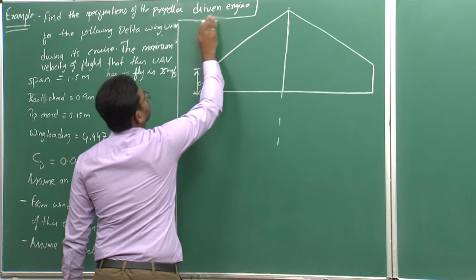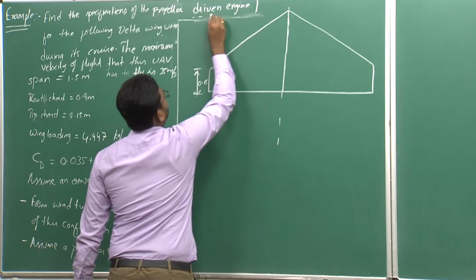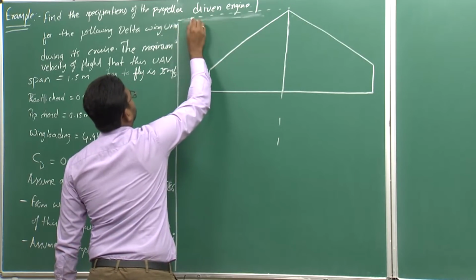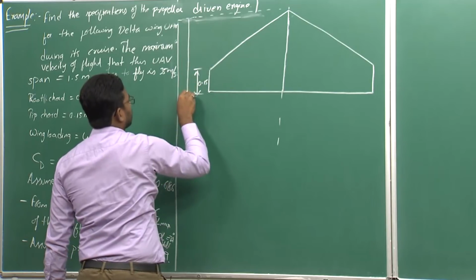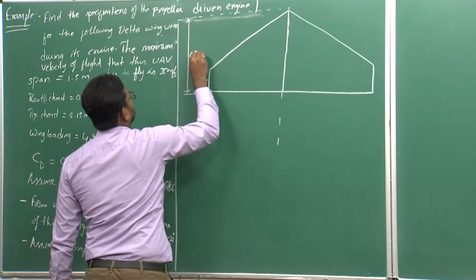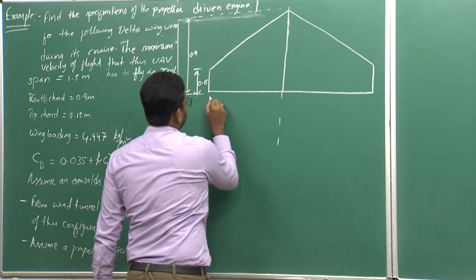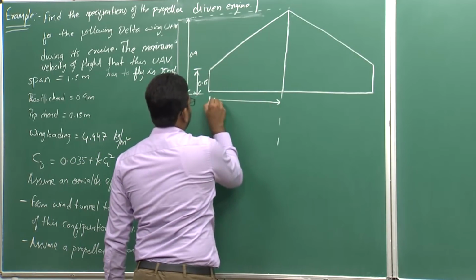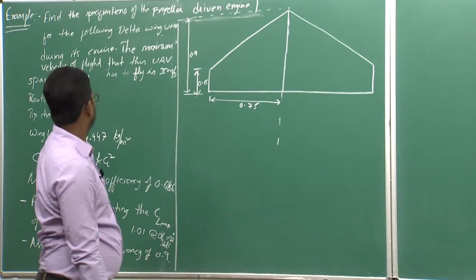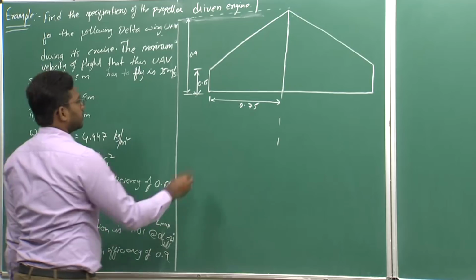And say this is 0.9, this is 0.75, and the Oswald's efficiency factor.